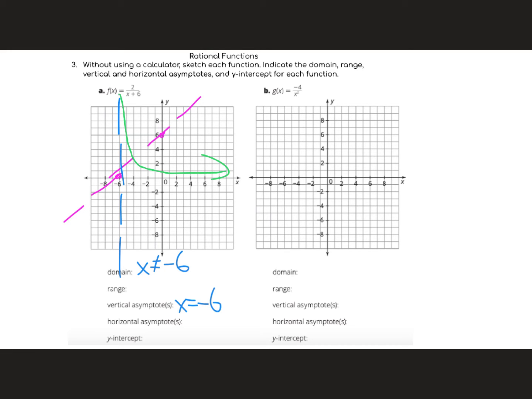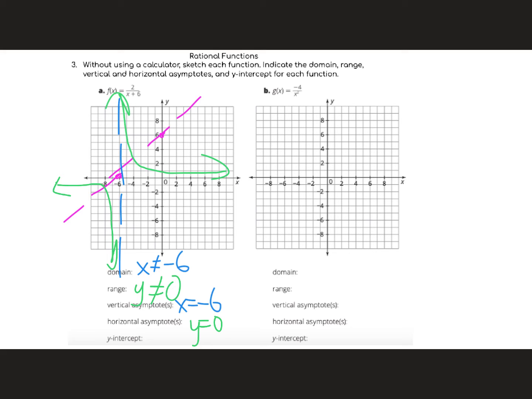You're going to have a positive swoop, and then you're going to have a negative swoop. Let me draw. There we go. Negative swoop. So something like this. The horizontal asymptote, therefore, is y equals 0. It often is with these, the ones that we've explored so far. And then the range is y cannot be 0 because we do not cross through y equals 0. We have that horizontal asymptote, and we don't break through that.